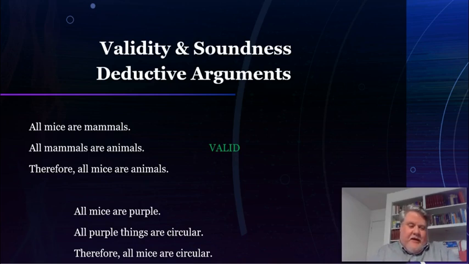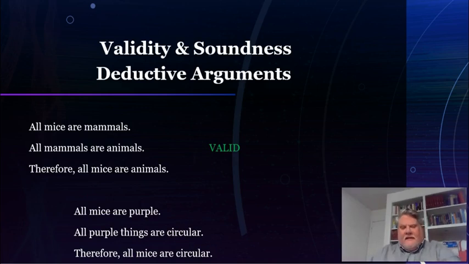In fact, we could have a deductive argument devoid of any content, really. We just put variables in there. And we could have arguments that are valid or invalid, right? All A are B, all B are C. Therefore, all A are C. That would be a valid argument.